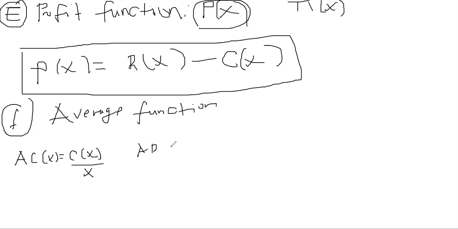We can also find average revenue function. How do we do that? We divide total revenue function by X, that is the units sold.